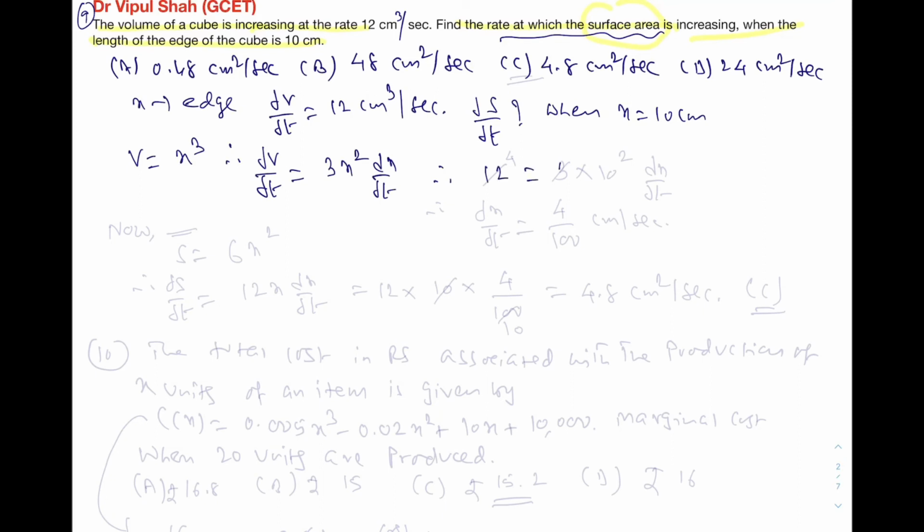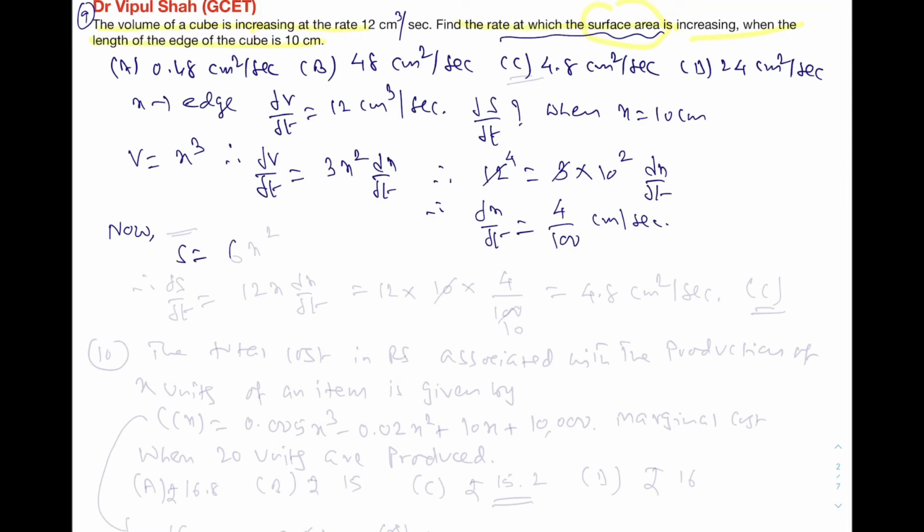Now dV by dt is 12, x is 10. So we want dx by dt, so dx by dt equals 12 over 3x square, so it is 10 square, and dx by dt equals 4 by 100 centimeter per second.